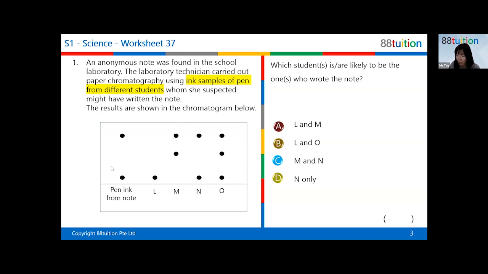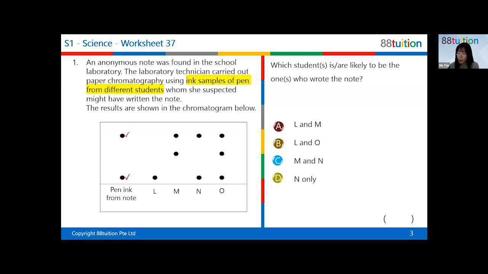Okay, so she carried out the experiment. She got the chromatogram. Then she is looking at the chromatogram and she has to decide which student is likely to be the one who has written that piece of note. Okay, so from the note, she extracted the ink. There are 2 spots found on the chromatogram.